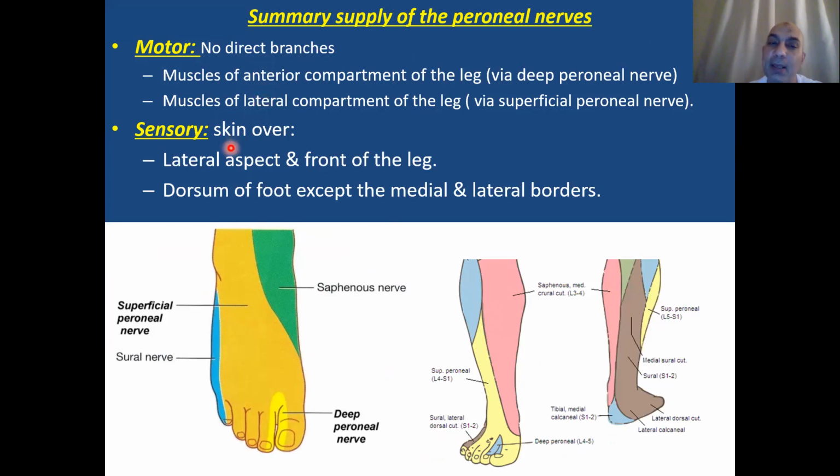Sensation, it gives skin of the upper part of the anterolateral aspect of the leg. This is direct, and indirect through common peroneal supply the rest of the anterolateral compartment of the leg and most of the dorsum of the foot. And as I told you, except the medial and lateral aspect by SS, S saphenous from femoral, S sural from tibial.